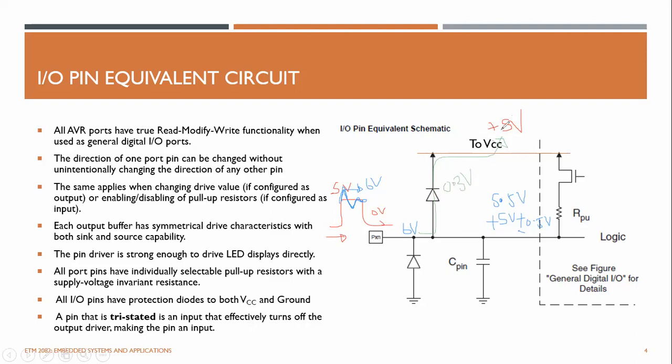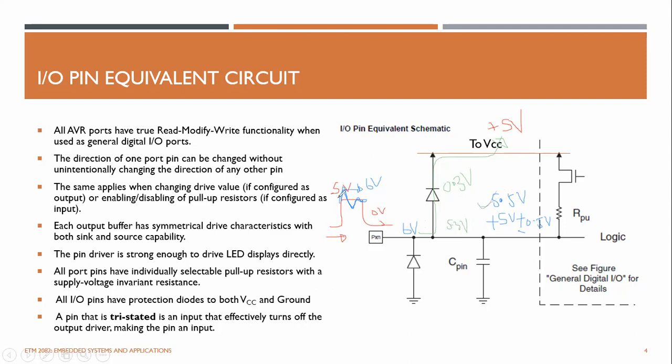So this voltage is 5 and there's a drop of 0.3. Now this voltage should be exactly around 5.3 volts, so that is safe.